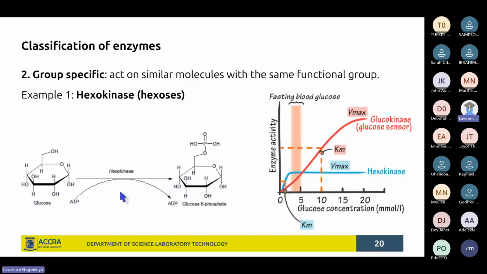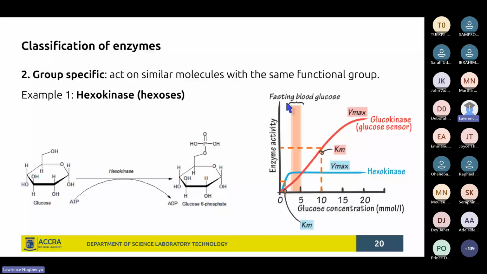Hexokinase will act on these 6 carbon sugars. And it is actually based on the knowledge of these enzymes, glucokinase and hexokinase, that you have some systems of fasting blood sugar being developed.